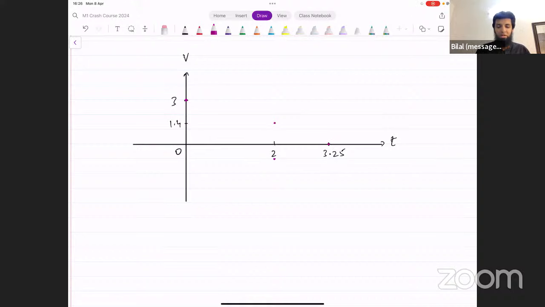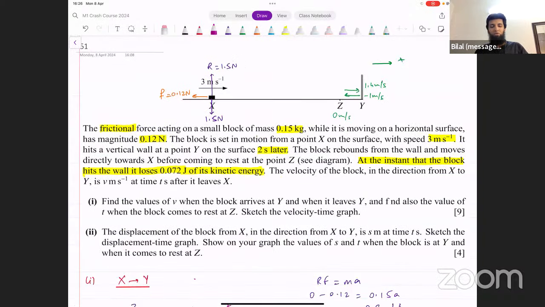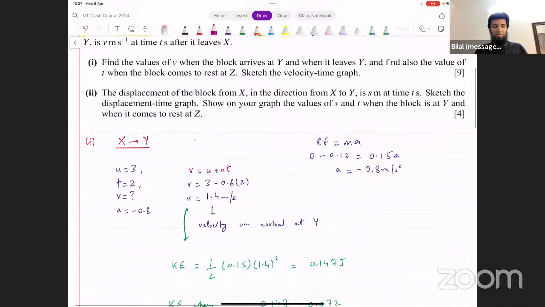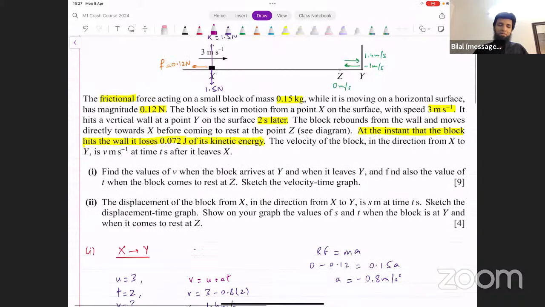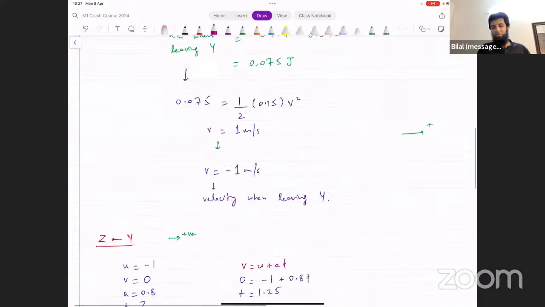Now, throughout the journey, remember the acceleration was constant. While it was going from x to y, there was only friction acting. That was a constant force. So the acceleration was constant. That was -0.8. And then on its way back as well, there was only friction acting. So acceleration was constant in that part as well. So how is the graph going to look?